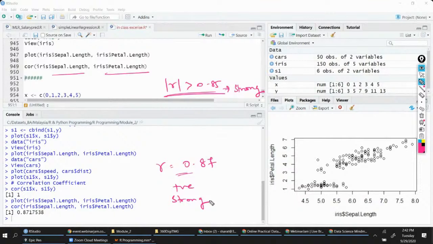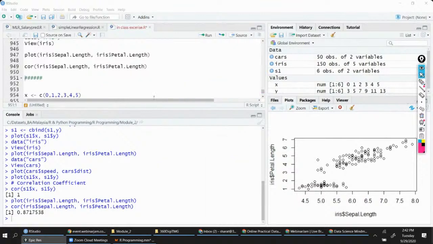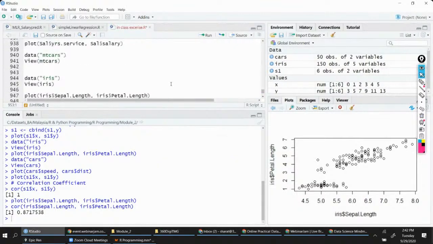But from the data perspective, from the statistical computing perspective, the relation between sepal length and petal length is strong, because it is greater than 0.85. This is how we interpret. So the previous one is also very strong. It's a perfect 1, so it is a strong relationship. Here also we get strong.